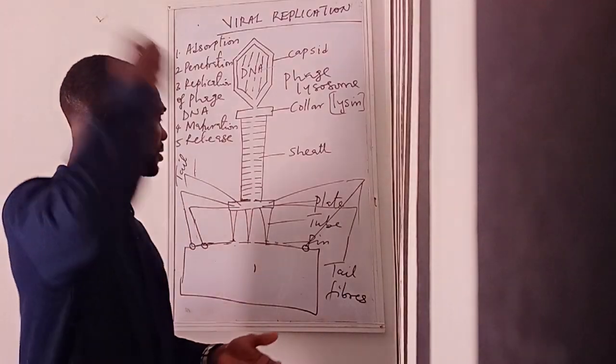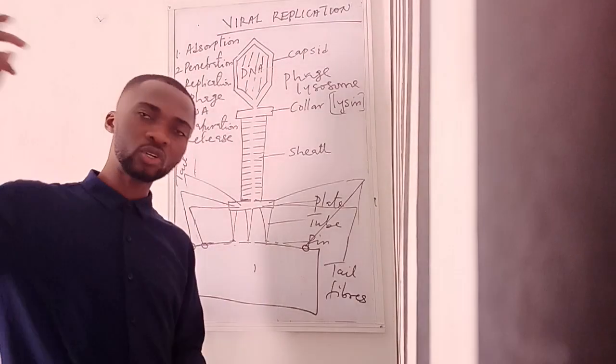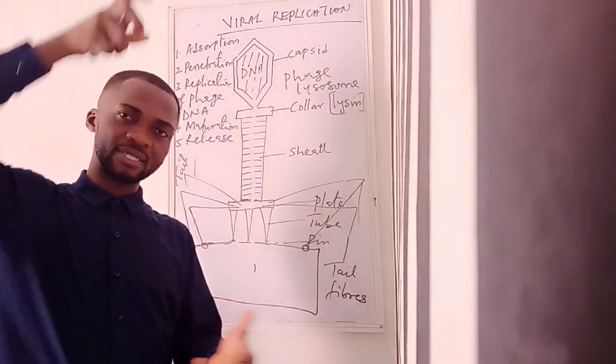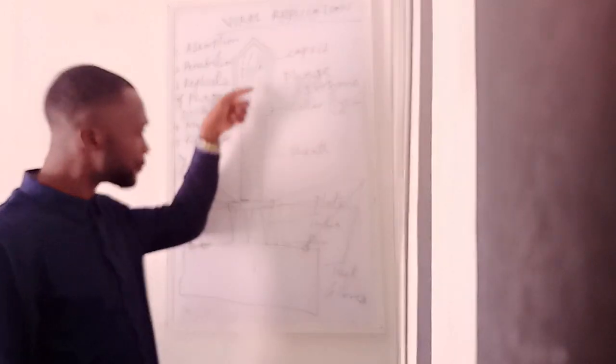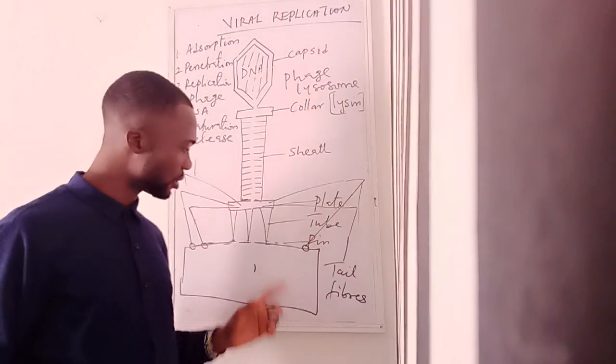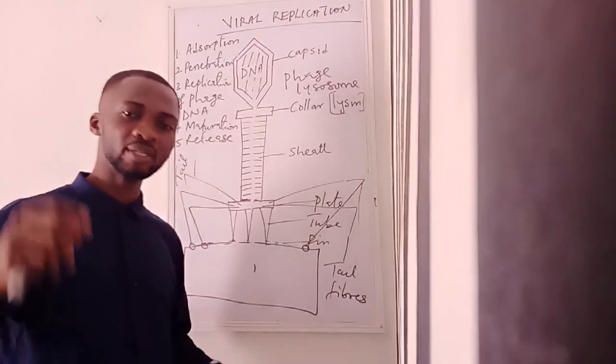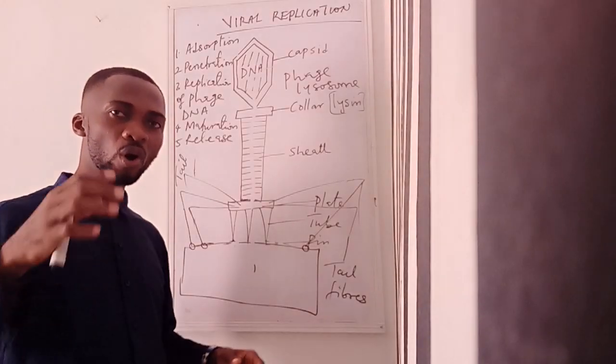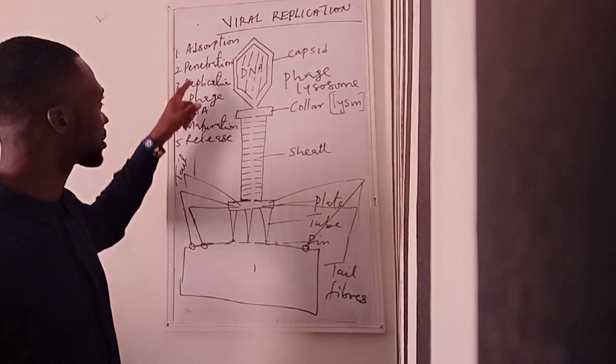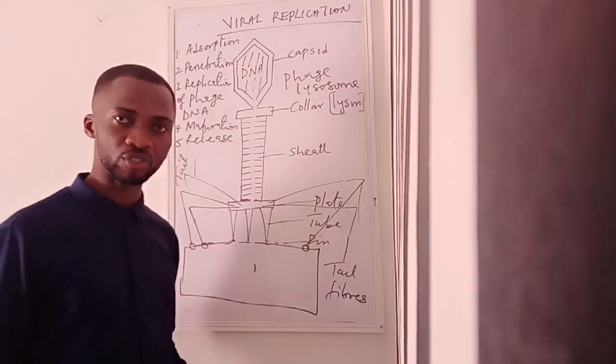So when the sheet contracts, the core or the genetic material is mechanically and forcefully injected into the phage through an unknown mechanism. Once this happens, that is the end of the second stage, which is penetration.